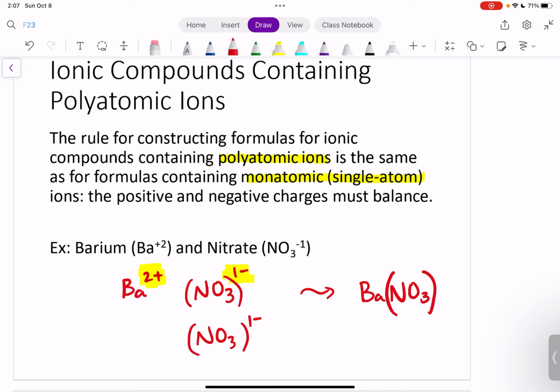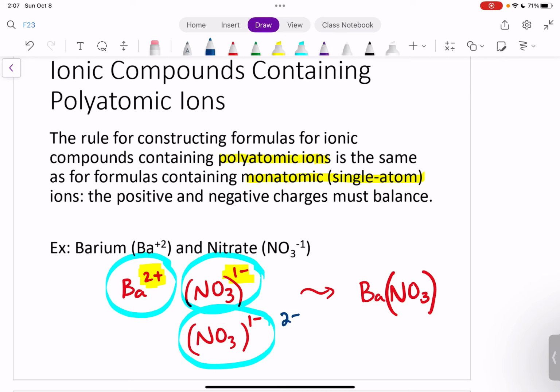And notice now I've got 2+ over here, and then 1- plus 1- over here, which is going to be a total of 2-. Okay, and now those charges are going to cancel out. So what do I need to put right here? Yeah, 2. Okay, and now I've written the correct formula for barium nitrate.